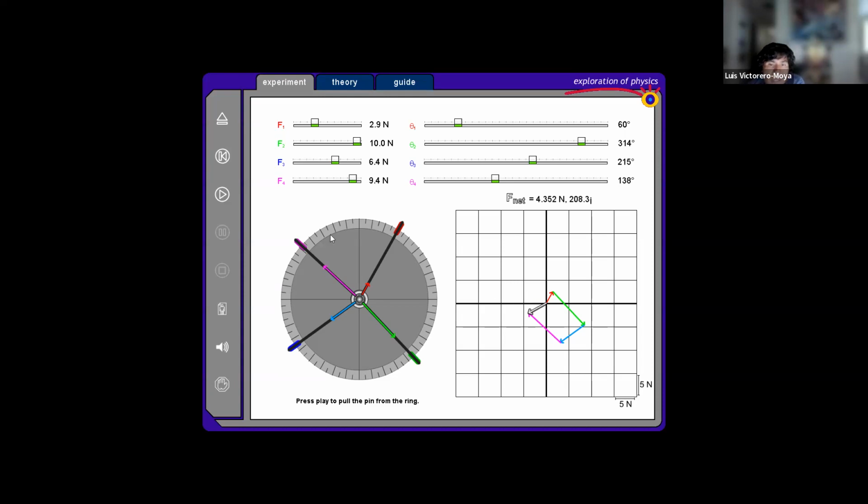As you can see, you have here 4 forces acting on a mass. The value of the mass is irrelevant. You are going to be finding the resultant force and the equilibrium force, the force that you have to add to a set of forces so the mass doesn't move, or maybe moves only very slightly.